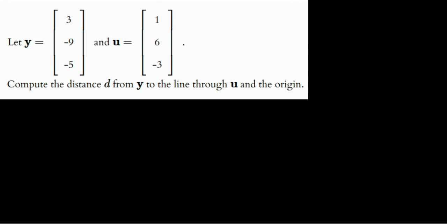This is projection. Because we are asked to compute the distance d from point y to the line passing through vector u and the origin. So we use that one. Projection meaning parallel. Yeah, the one I just showed you.